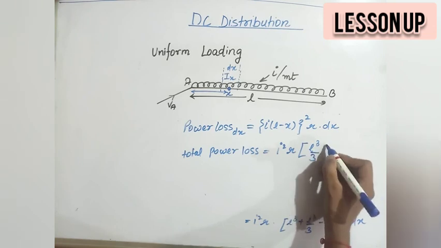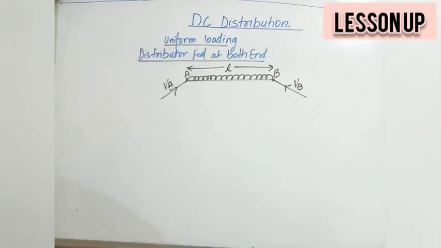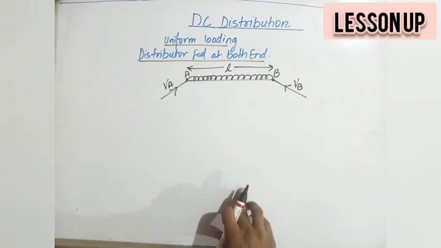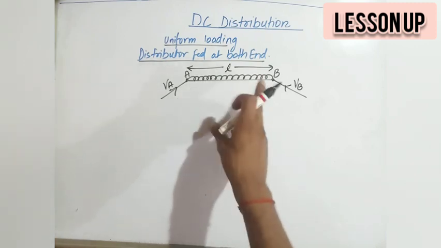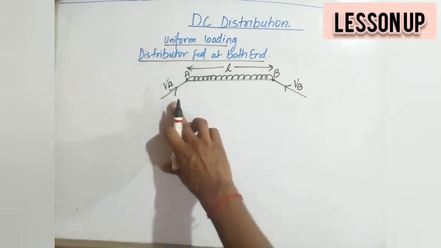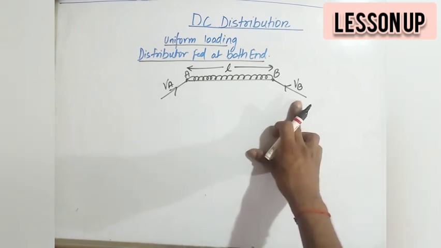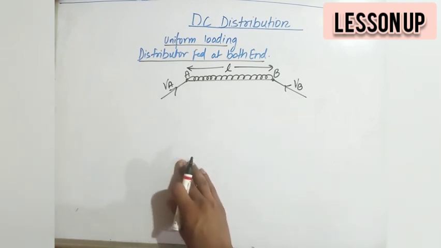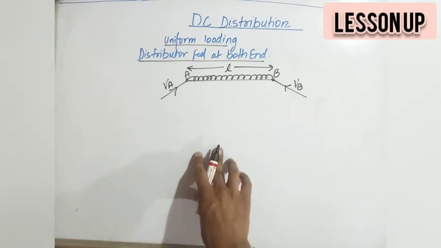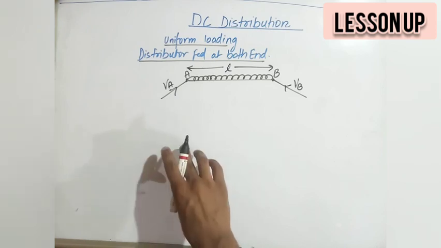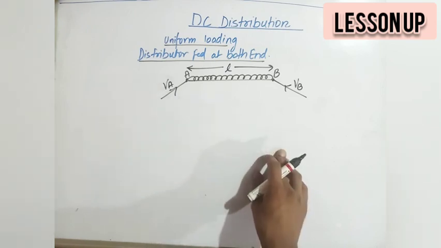Now next is when the distributor is fed at both the ends. If from here we are giving supply VA and from here VB, so in this also we need to consider two conditions. First is equal supply and unequal supply.